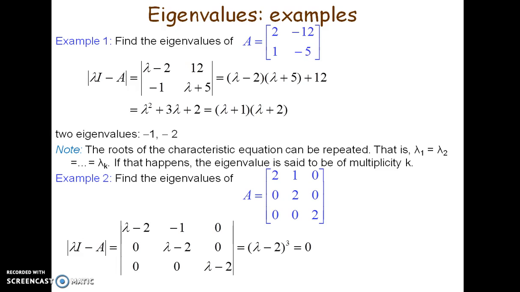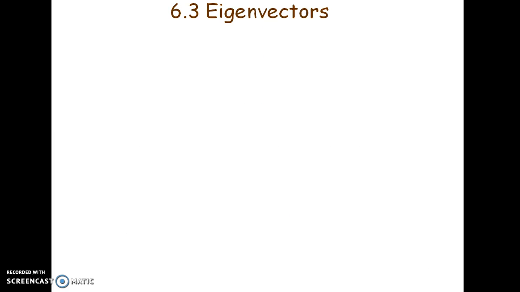Determinant of (lambda I minus A) equals the determinant of [lambda minus 2, -1, 0; 0, lambda minus 2, 0; 0, 0, lambda minus 2], which is equal to (lambda minus 2) cubed equals 0. Then lambda equal to 2 is an eigenvalue of multiplicity 3.